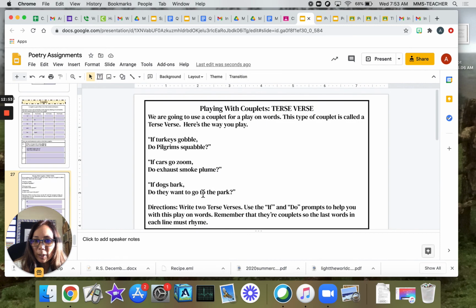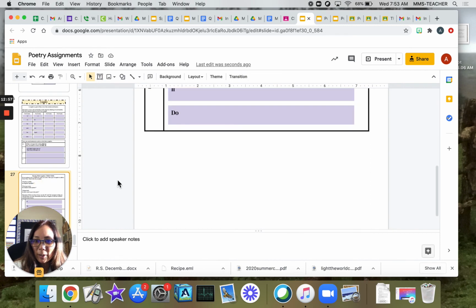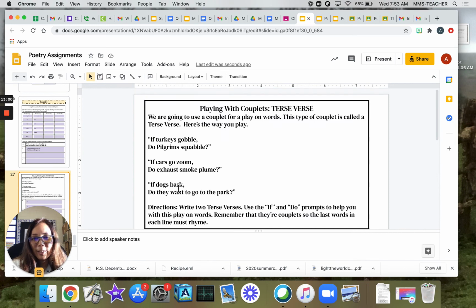Now for slide 27, here are the directions. It says playing with couplets, terse verse. We're going to have a little fun here, and it's going to be a little more challenging, but it'll be fun. We are going to use a couplet for a play on words. This type of couplet is called a terse verse. Here's the way you play. Here are some examples.